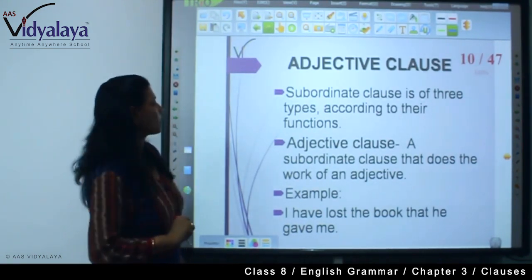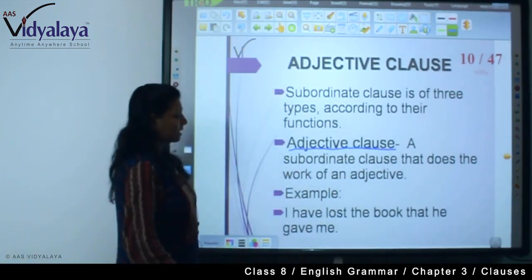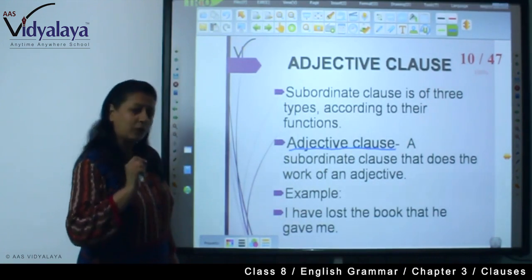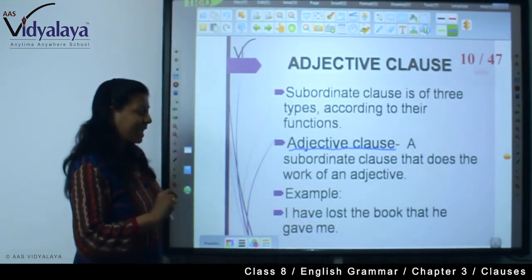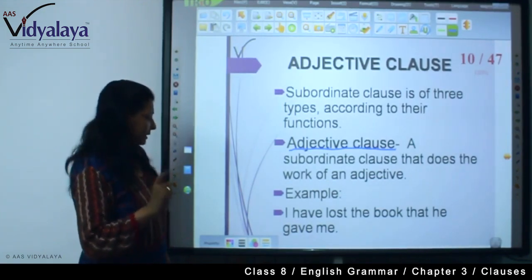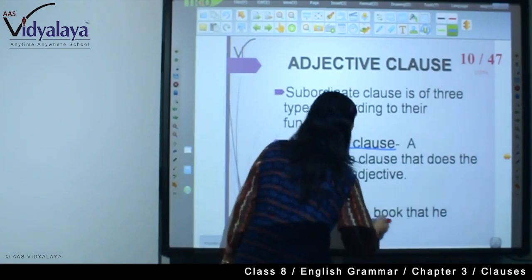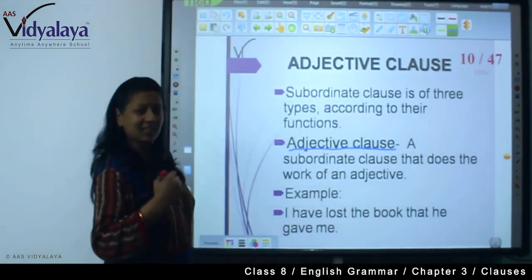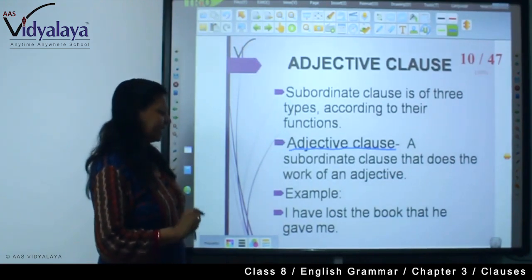First is an adjective clause. A subordinate clause that does the work of an adjective is an adjective clause. Example, I have lost the book that he gave me. So we can write, I have lost his book, but I have lost the book that he gave me.